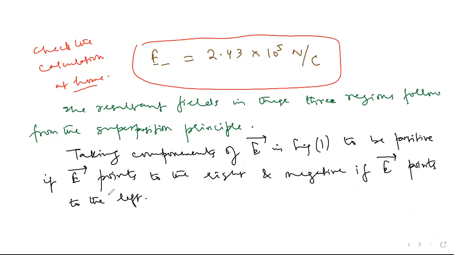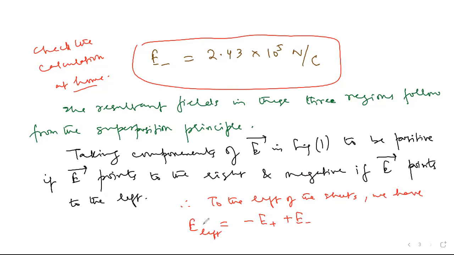So to the left of the sheets, we have, I will write it, E left. It is minus E plus plus E minus.